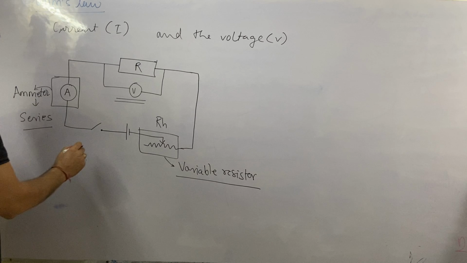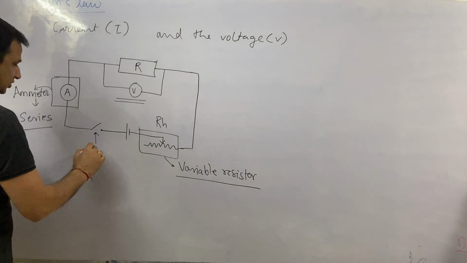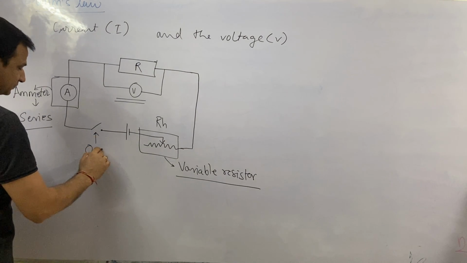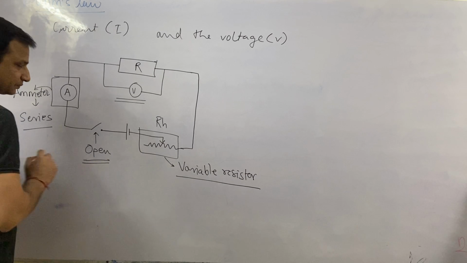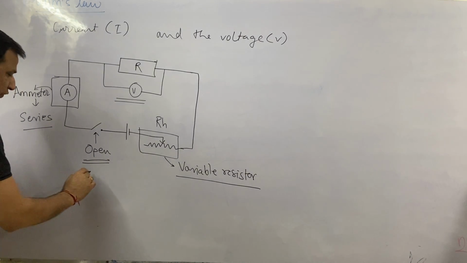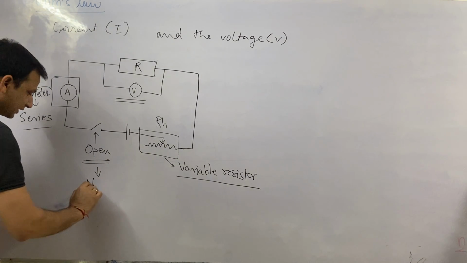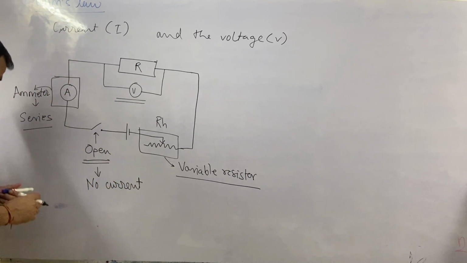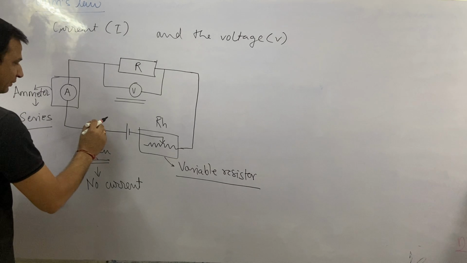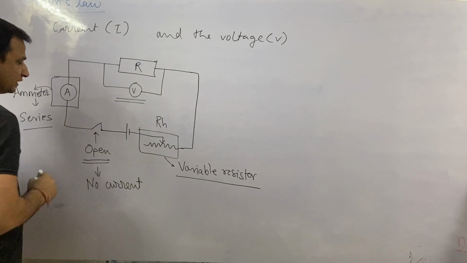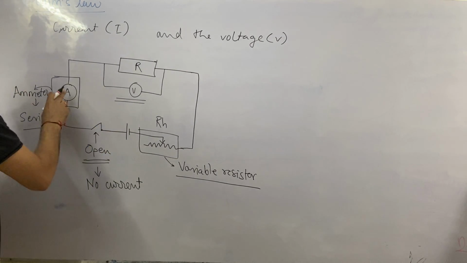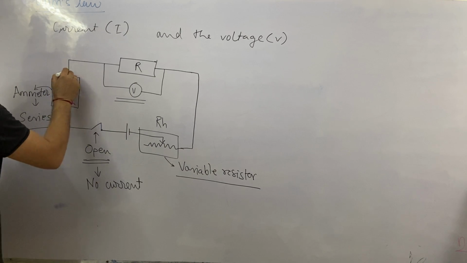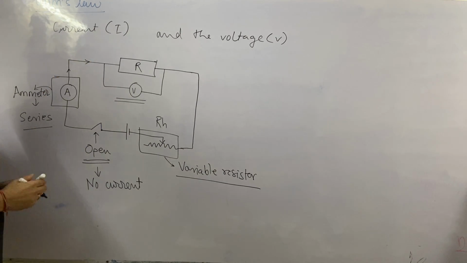Right now the switch is open. When the switch is open, no current flows in the circuit. Now I'm closing this switch. The moment I close it, the current will start flowing in the circuit like this.